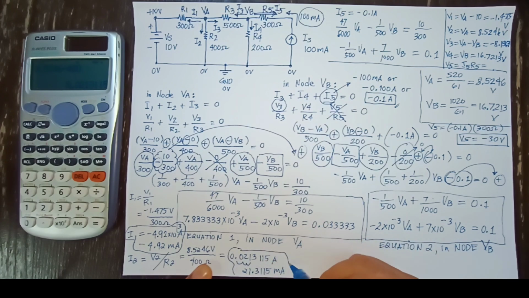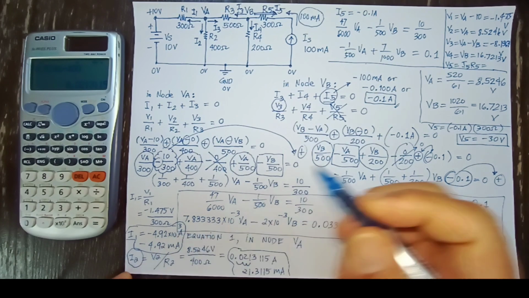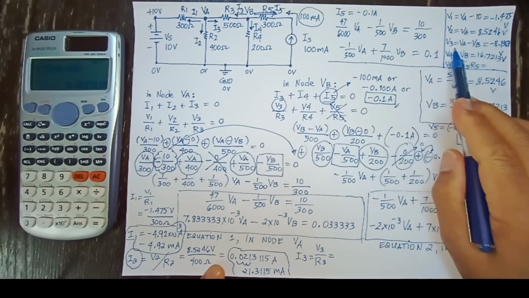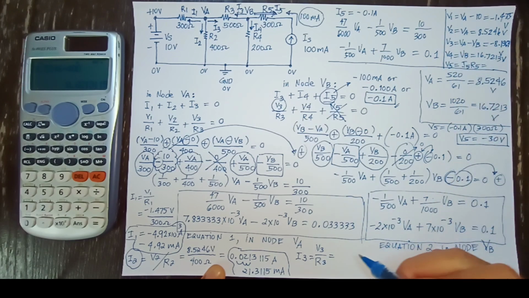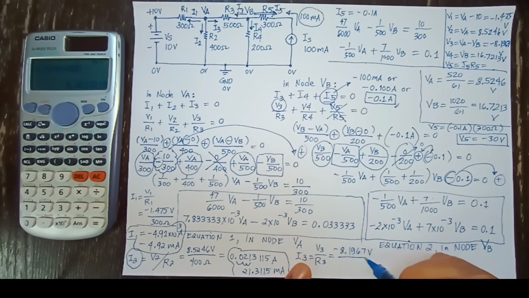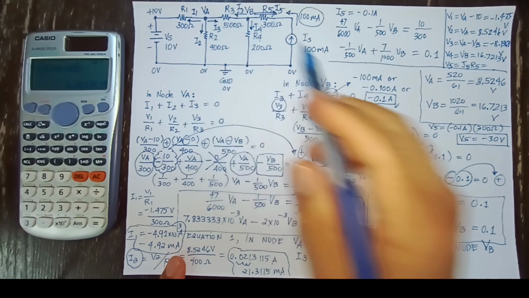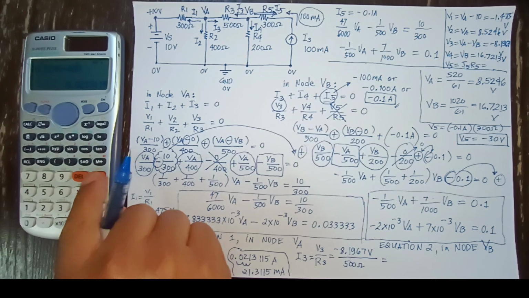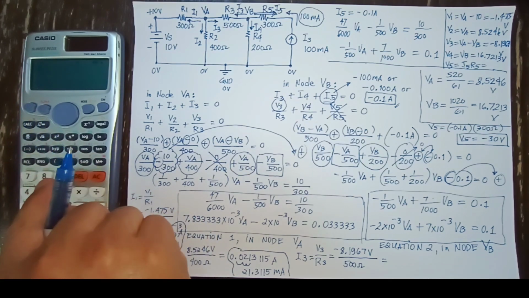Now for I3 by Ohm's law, V3 over R3. And V3 is equal to minus 8.1967 volts for V3. That will be over 500 ohms of R3. And let's use the calculator. Volt over ohm again will be amperes.